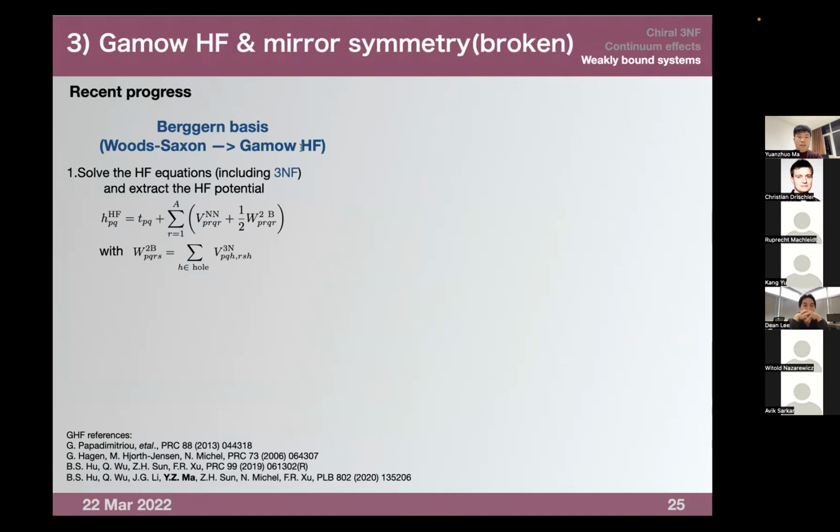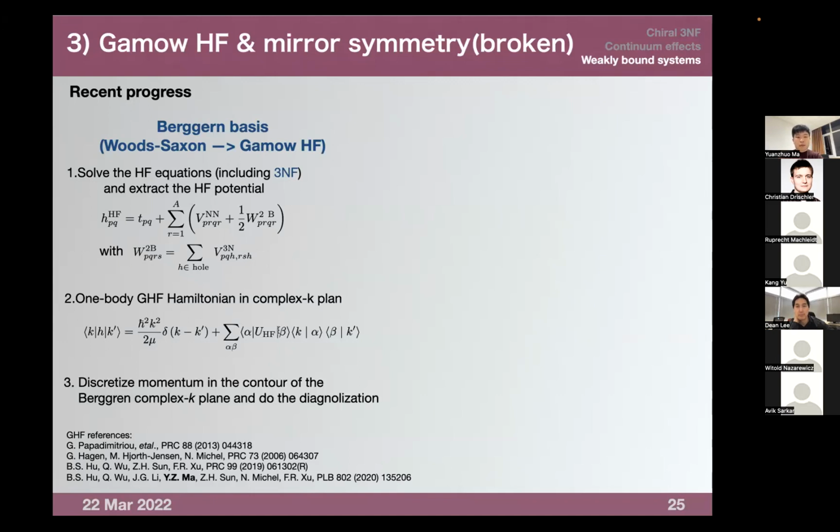To get this Gamow HF basis, we first need to solve the HF equations in real space, and then extract this HF potential. One can also write it in complex k space.